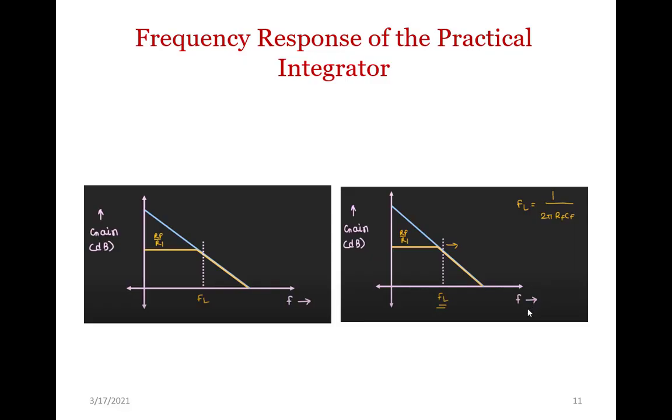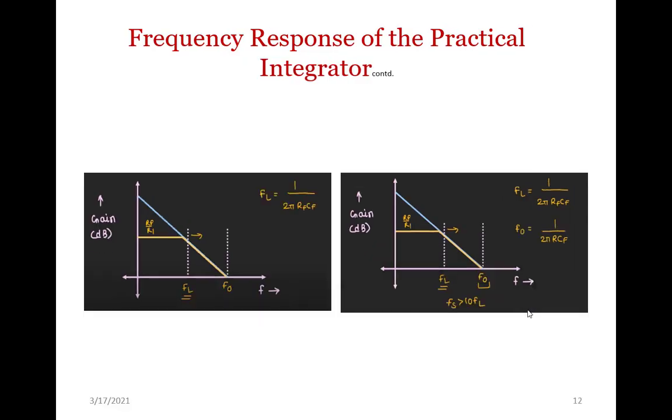Under these conditions, if this circuit has to work as an integrator, you have to choose the linear region of operation and not the saturated portion, in which case the integrator has to work in this area, which is greater than FL. But at the same time, the frequency must not exceed F naught. Only if the integrator is operated in this portion, it will act as a perfect integrator.